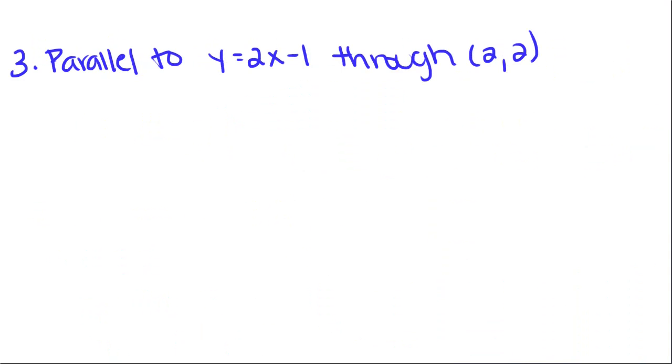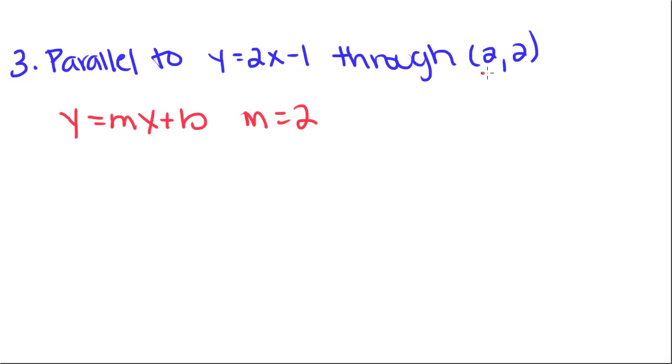So now we need to write an equation for a line parallel to the line y equals 2x minus 1 through the point (2, 2). So if you remember, parallel lines have equal slopes. So since this is in the form y equals mx plus b, where m is the slope, the slope of this line equals 2. So our new line has to have a slope of 2 in order to be parallel to this line.